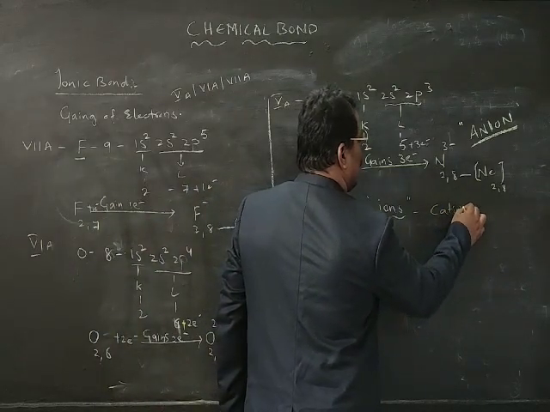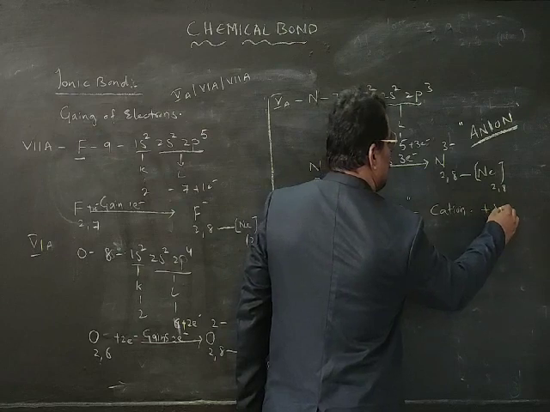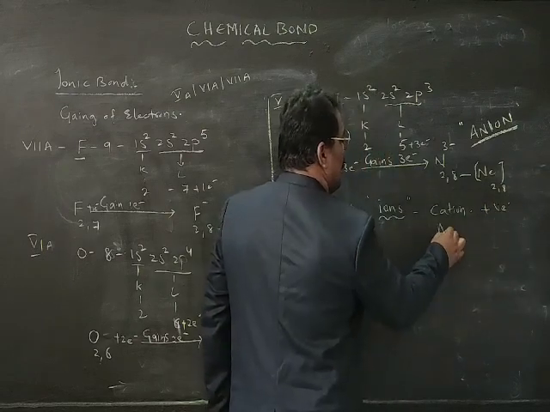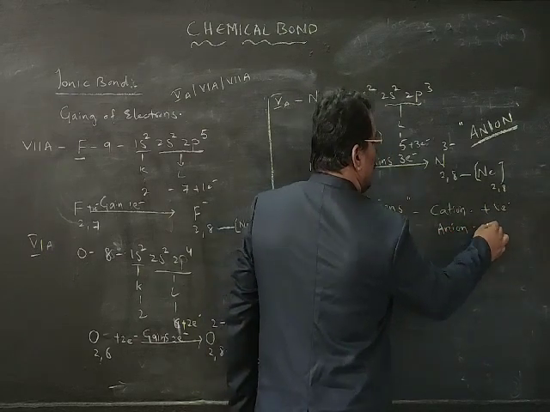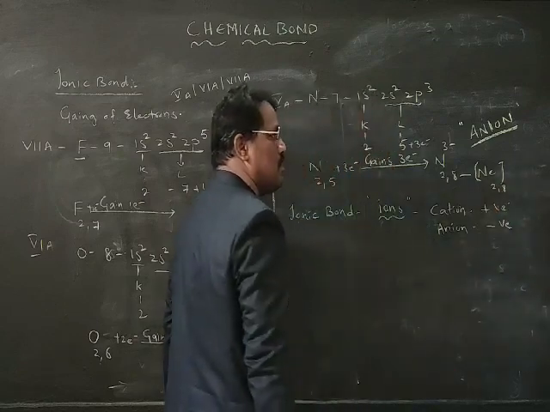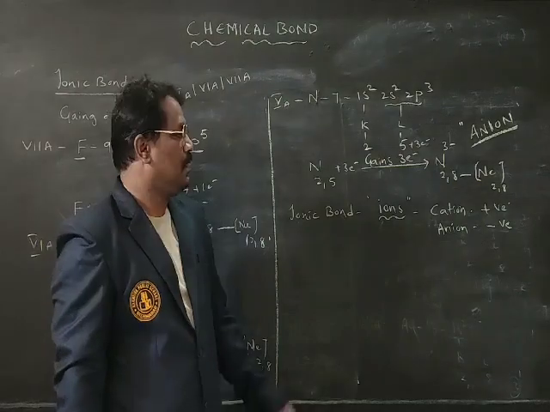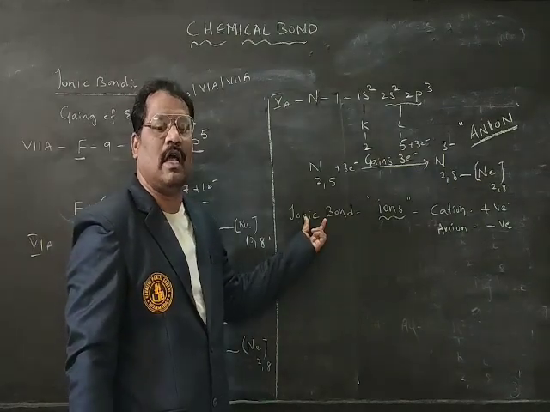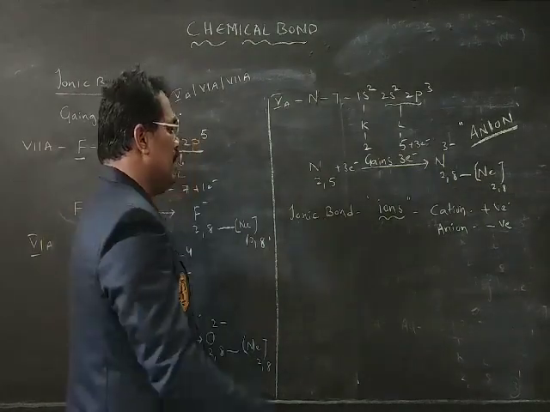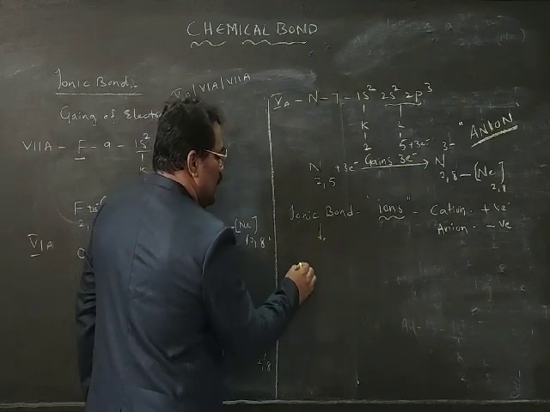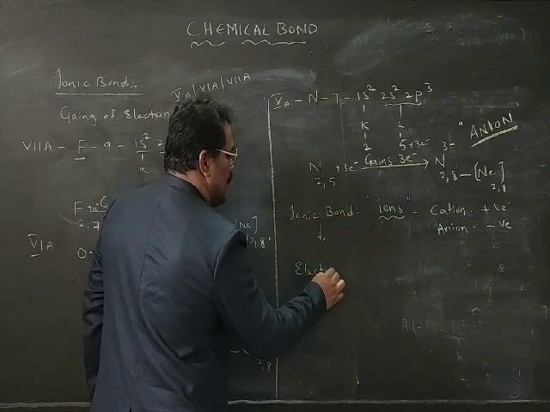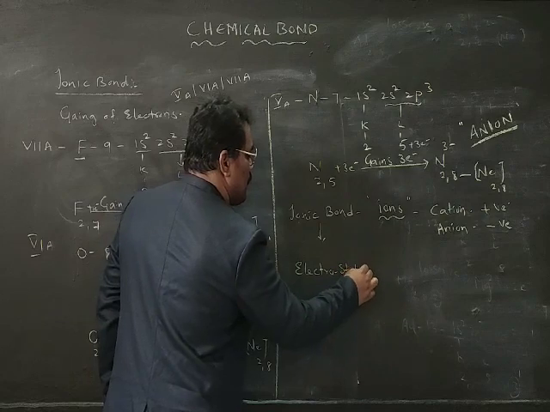One is a cation, which is called a positive ion, and the other one is an anion, which is called a negative ion. As it is dealing with these 2 types of ions, we call it an ionic bond. It is also called an electrostatic bond.